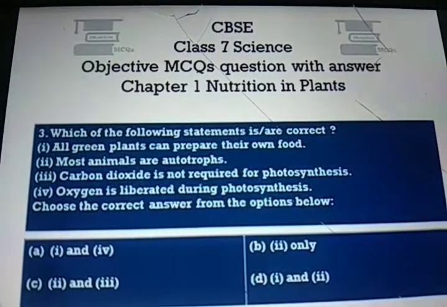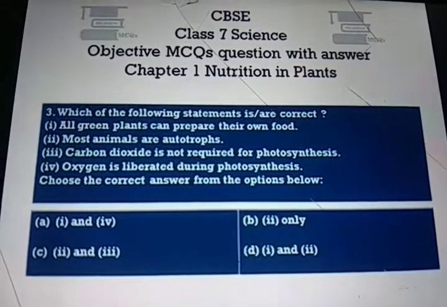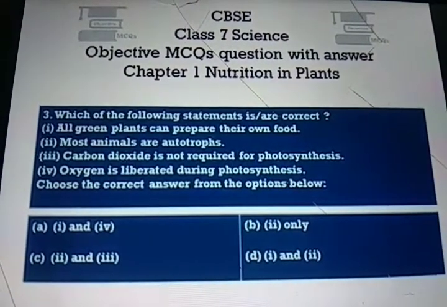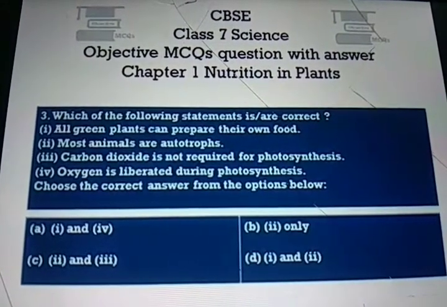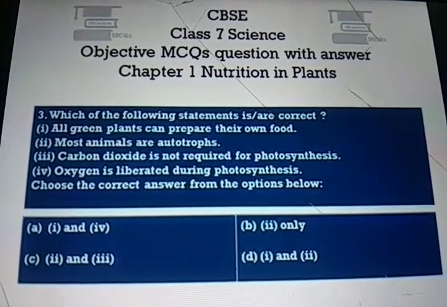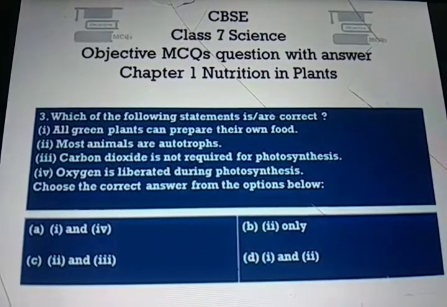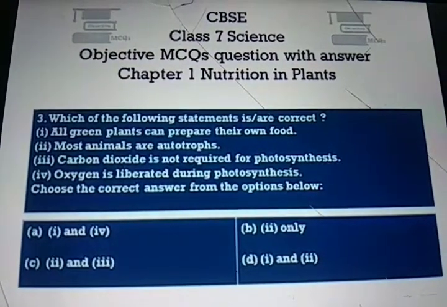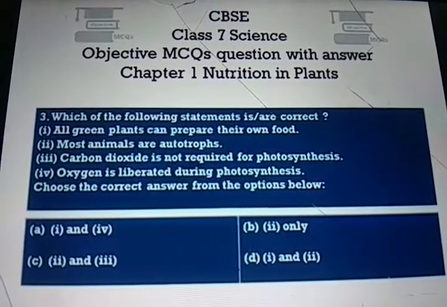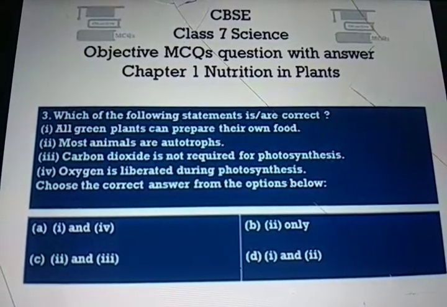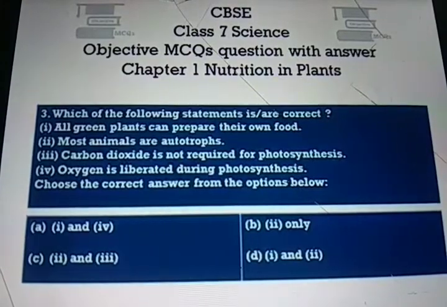Question number 3. Which of the following statements is or are correct? Number 1. All green plants can prepare their own food. Number 2. Most animals are autotrophs. Number 3. Carbon dioxide is not required for photosynthesis. And number 4. Oxygen is liberated during photosynthesis.